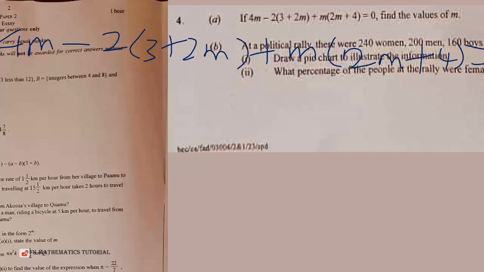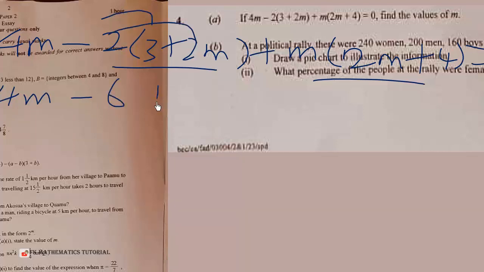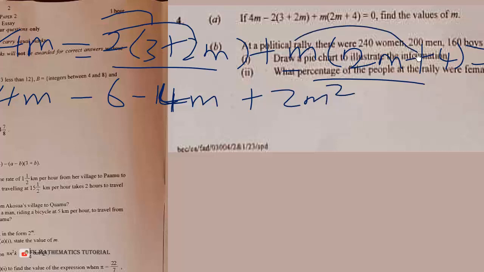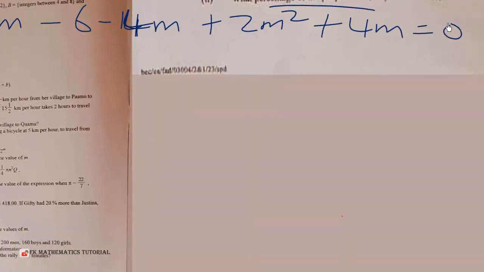So first let's expand this and this. So 4m will maintain this one, minus 2 times 3 is 6. 2 times 2m is minus 4m. Don't forget the negative. Then we have m times 2m, so plus 2m squared, and m times positive 4, so we have plus 4m is equal to 0.